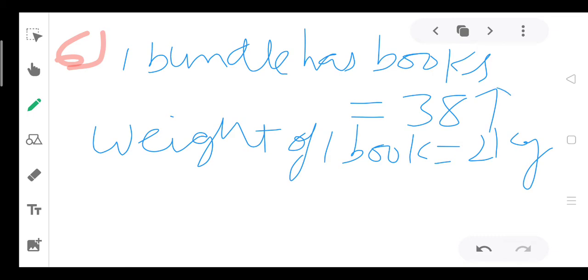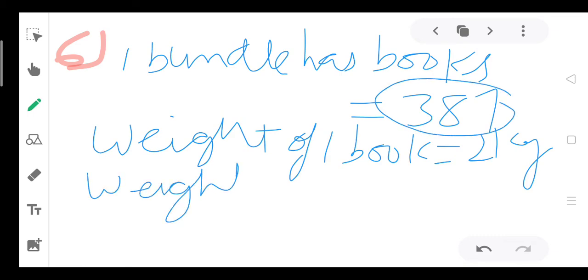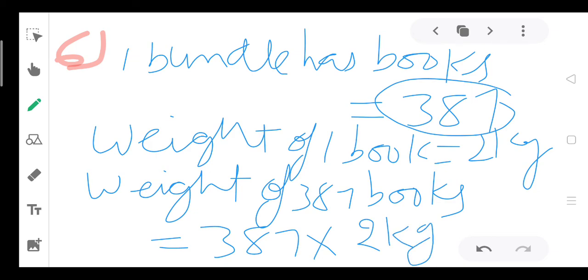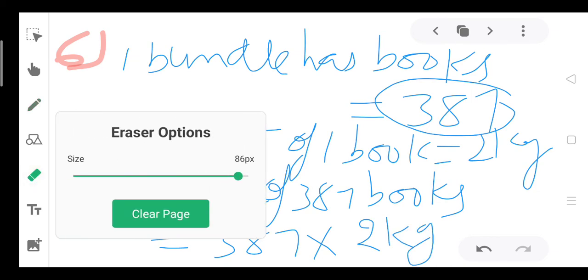So firstly we will find out the weight of all these books. Weight of 387 books is equal to 387 multiplied by 2 kg. Okay. So one bundle's weight will come.